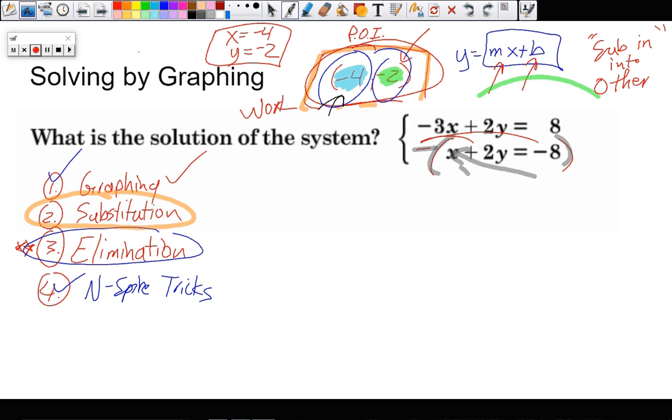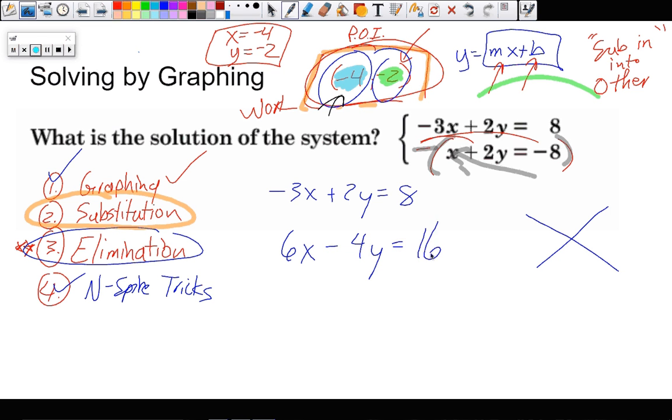If you can eliminate one variable and one is left, now look at me, you have one solution. You with me? Yeah. But what if I had something that looked like this? Let's say negative 3x plus 2y is equal to 8. And then I had something like 6x minus 4y is equal to 16.